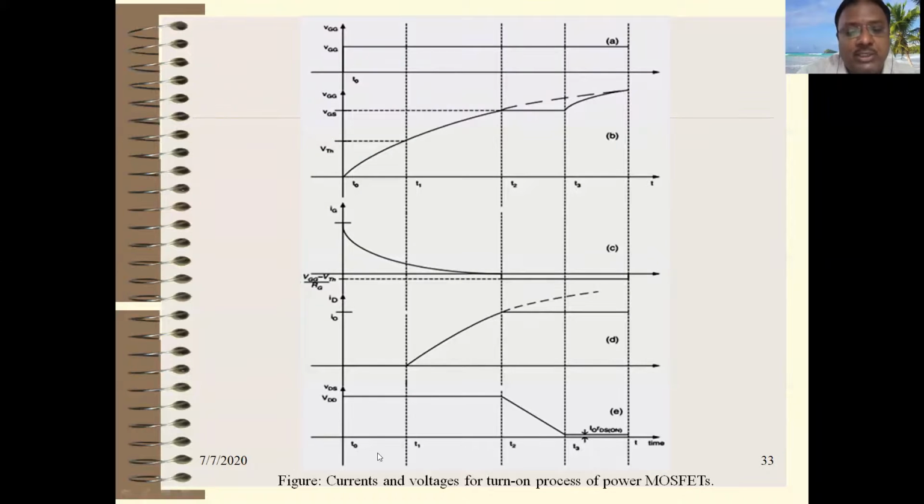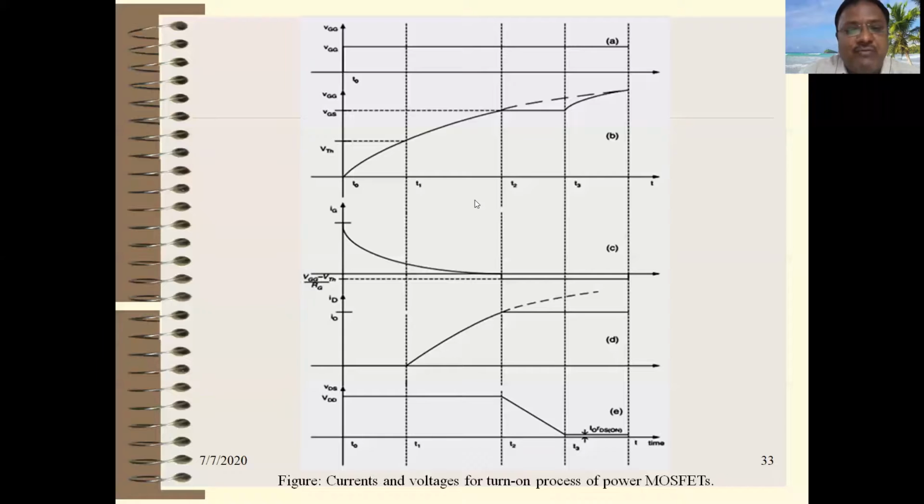So the total time T0 to T1 and T1 to T2 is the turn on time, right? If you see the last graph, that is called VDS. When the device is in off state, the voltage across drain and source is equal to VDD, right? Because if the switch is off, then whatever voltage you are applying, the voltage across the device remains equal to the applied voltage.